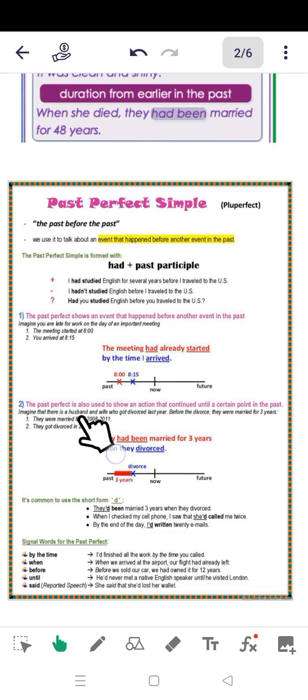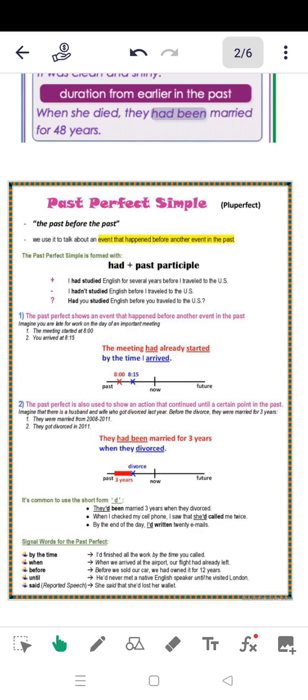Imagine that there is a husband and a wife who got divorced last year. Before the divorce, they were married for 3 years. They were married from 2008 till 2011, and they got divorced in 2011.